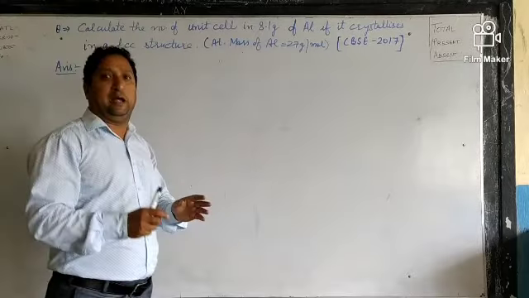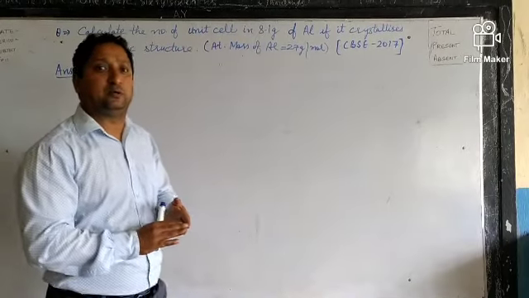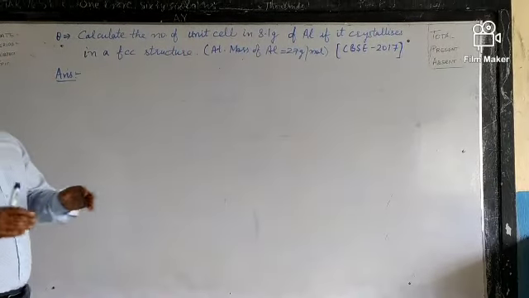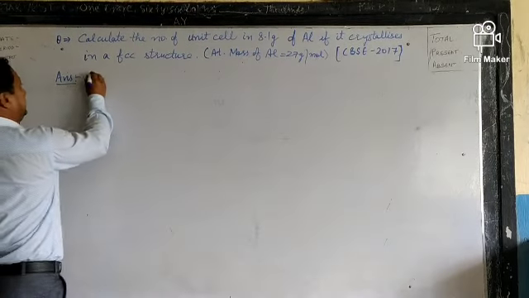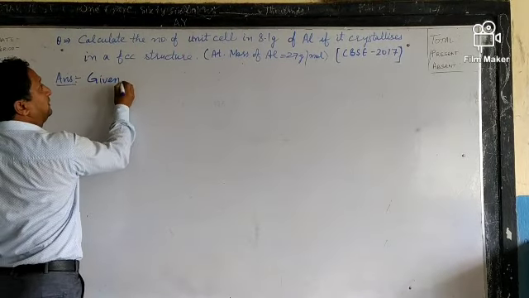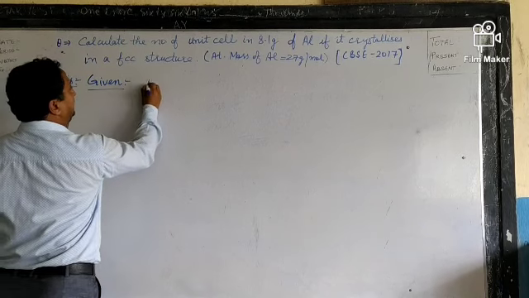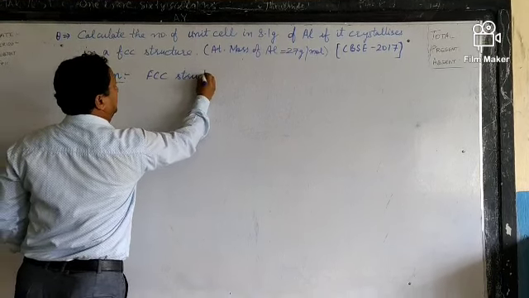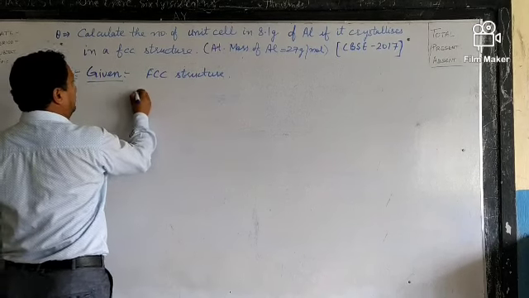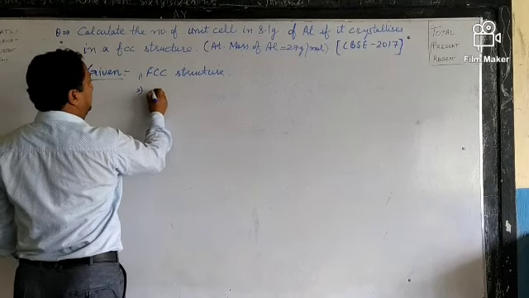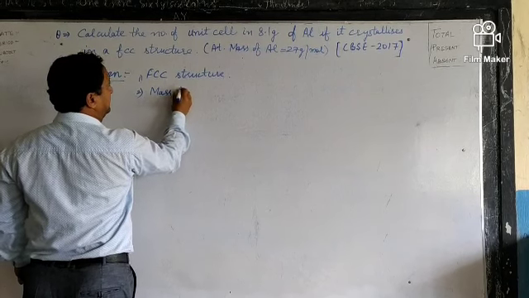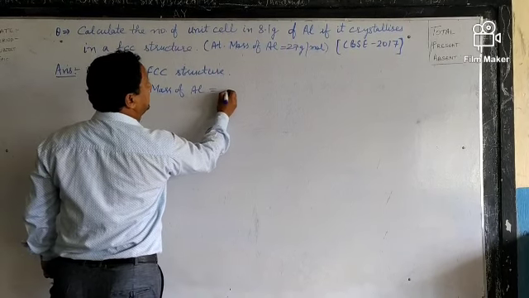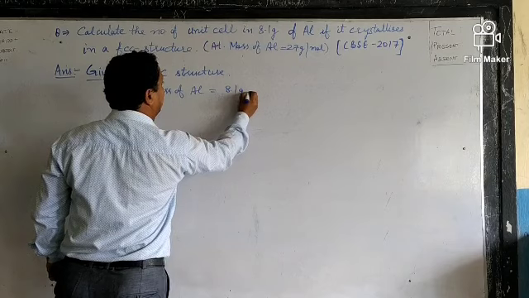Now whenever you have to do a numerical, what you should have in your mind, first of all, is what is given to us. So what is given here? Number 1, it is a FCC structure. Number 2, mass of aluminium, that is equal to how much it is given? 8.1 gram.